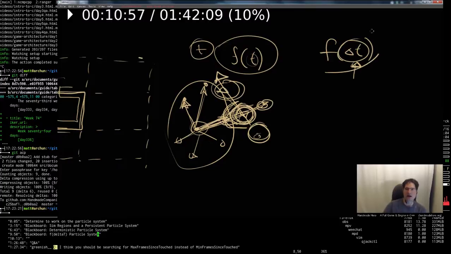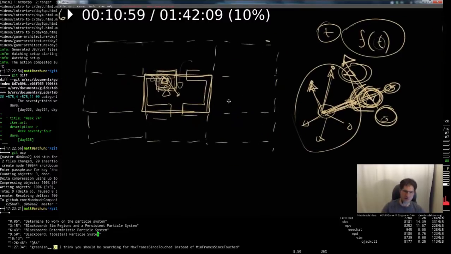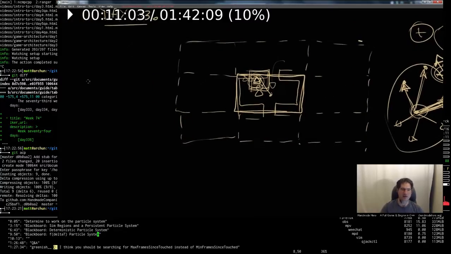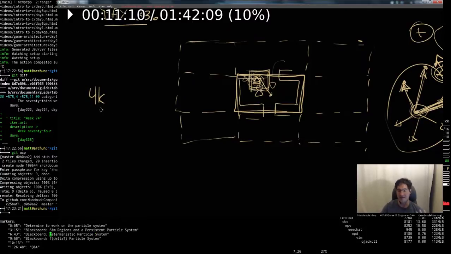Okay. So the problem with the f of t system from our perspective here is that particle systems might be quite giant. For example, let's suppose we want 4,000 or 4,096 particles in a particle system, which isn't even that many particles for a particle system. Actually, GPUs today are very fast.